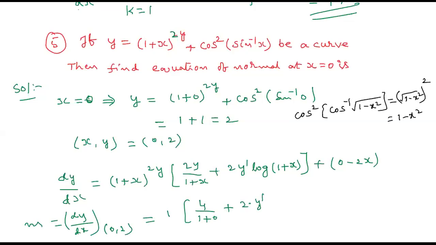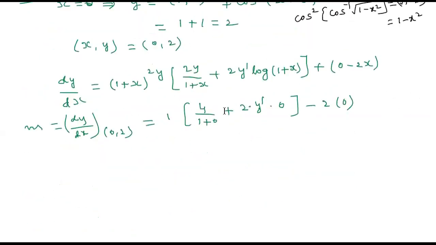Here observe that in place of x substitute 0. 1 plus 0, that is 1, log 1, 0, plus into minus 2 into 0. Okay, now finally do the calculation. We get 4. This is the slope of tangent. What is the slope of normal? Slope of normal, that is equal to minus 1 by 4.